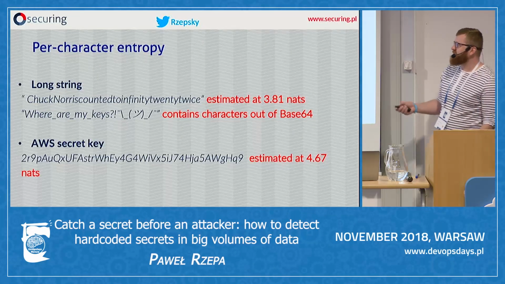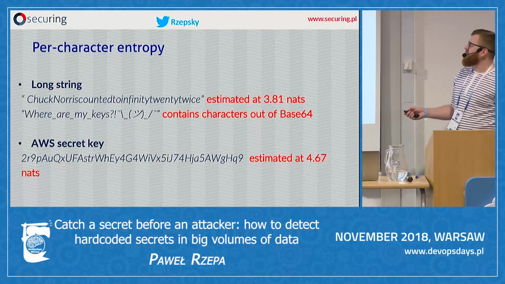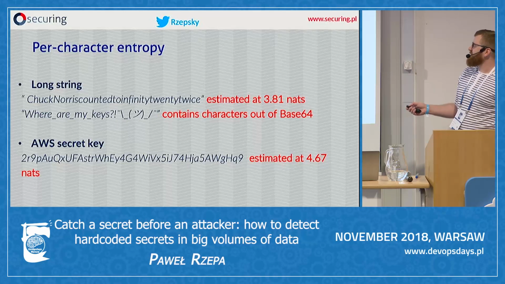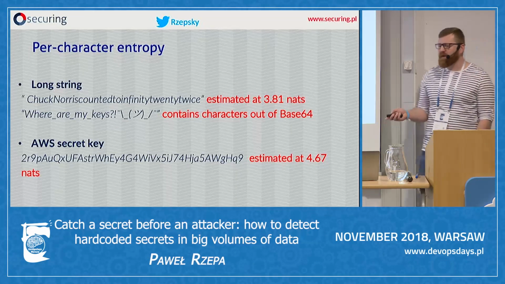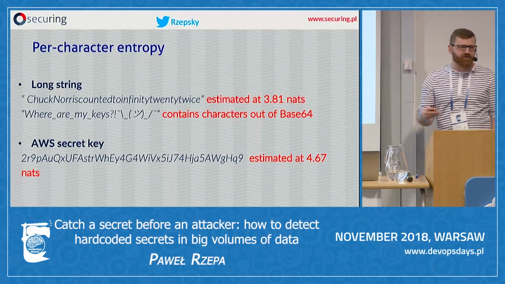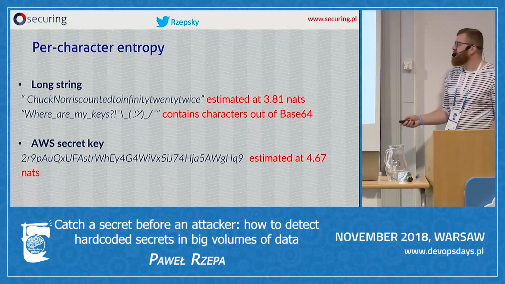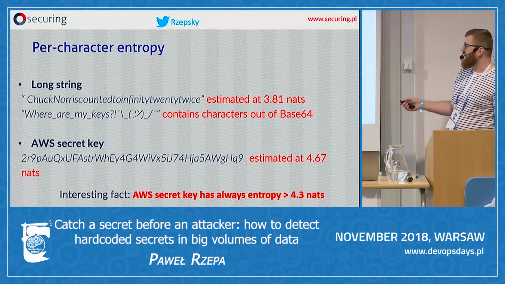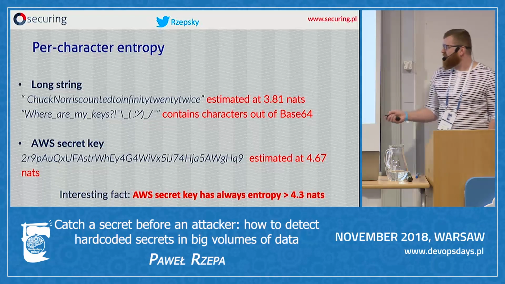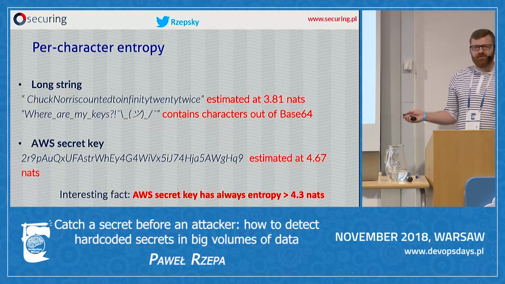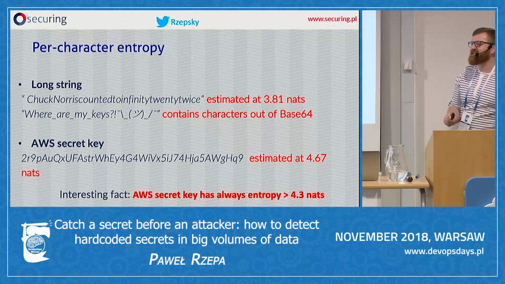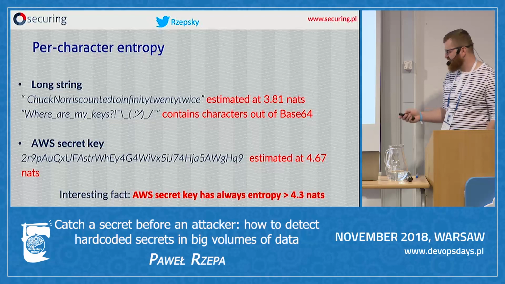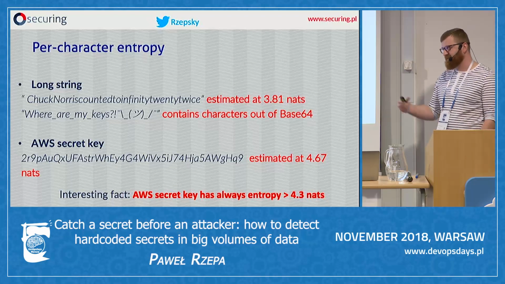And if you take the AWS secret key, then you can see the big difference in the per character entropy. When I generated 100 secret keys, I saw that it was always higher than 4.4, but I put 4.3 just in case to be sure.